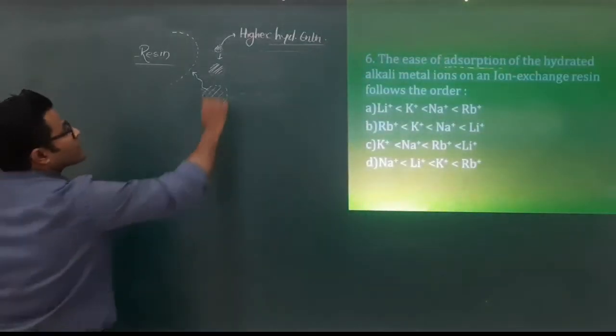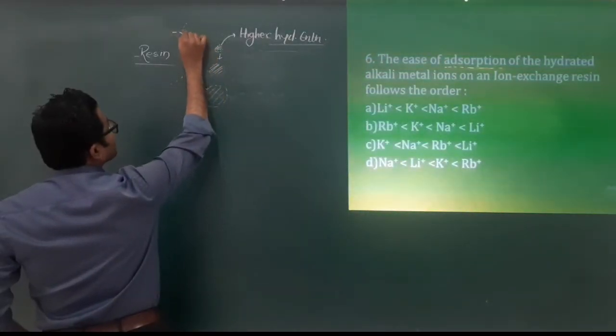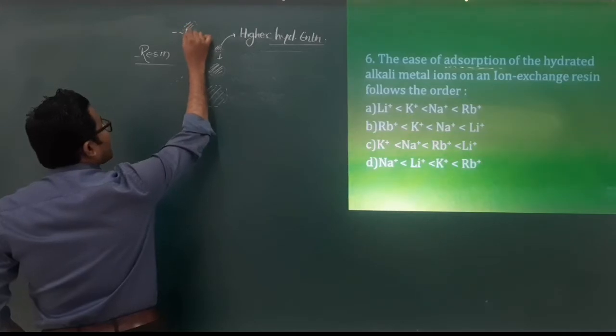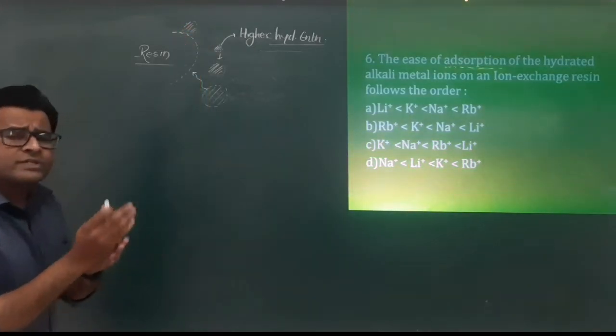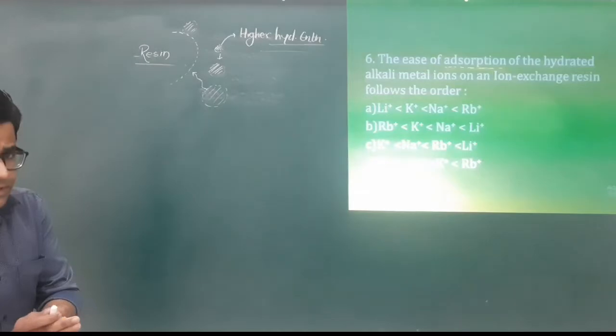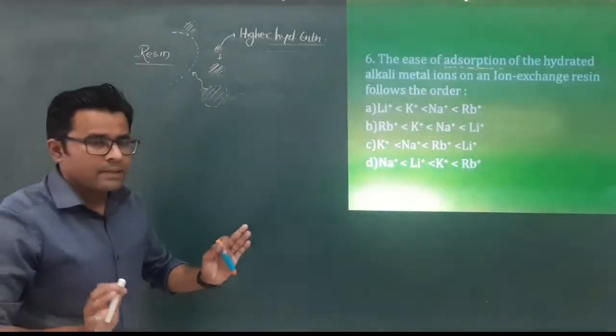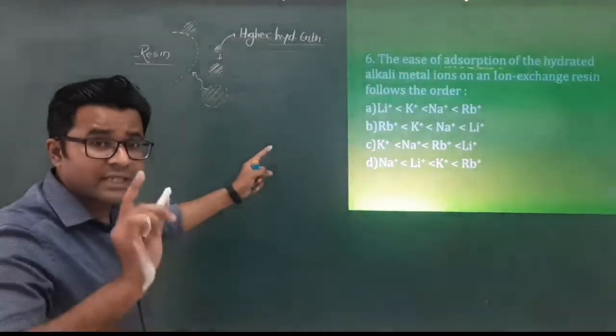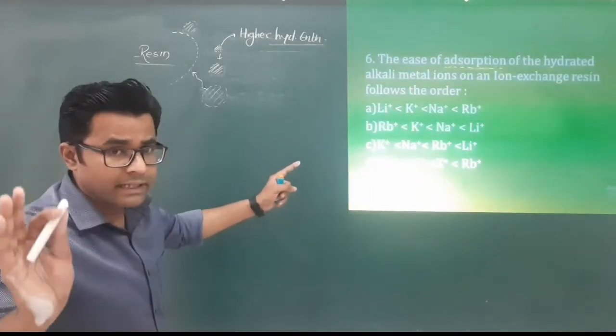Now what is adsorption? Adsorption is nothing more than a process wherein the ions come and stick to the surface of a particular substance, and that is called adsorption. So adsorption is going to decrease with increase in the size of an ion.